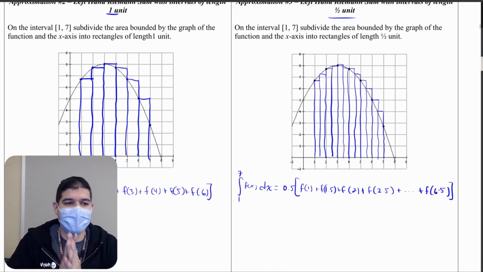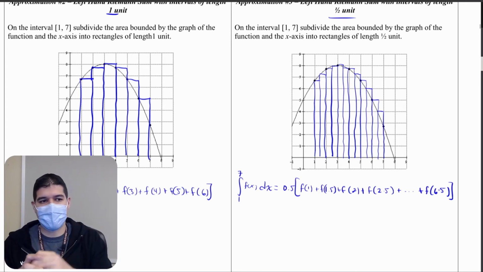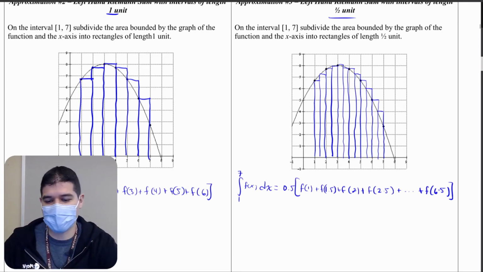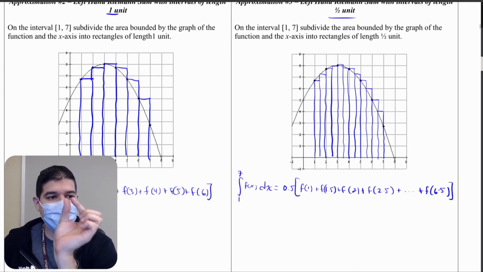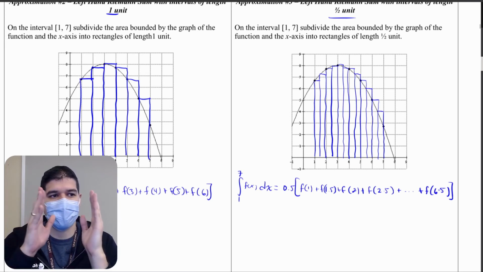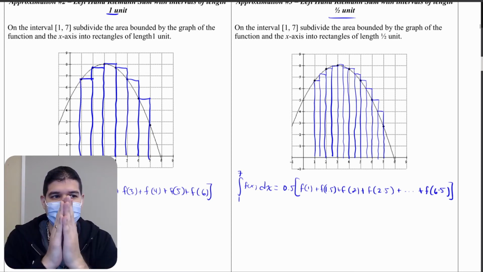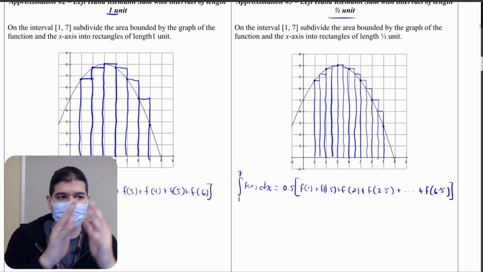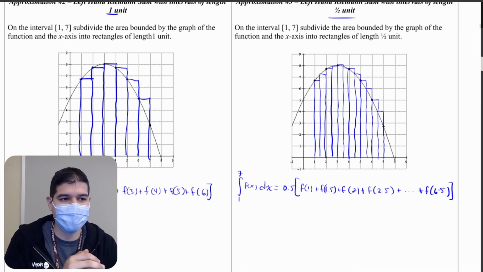So what I want you guys to notice, and you might be thinking about this as you're looking at all of these rectangles, as the length of that base decreases from 2 to 1 to half a unit, you might be thinking, can I do a quarter of a unit?